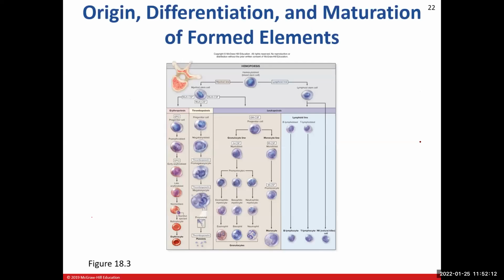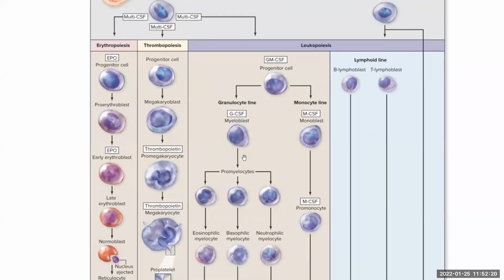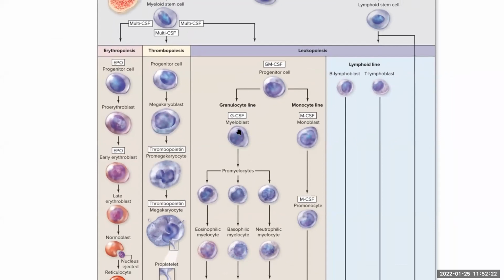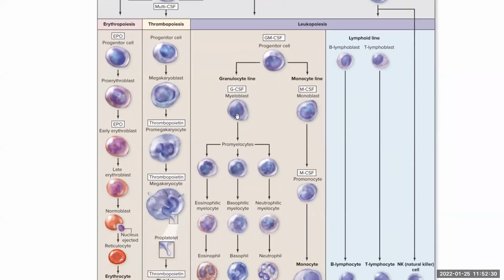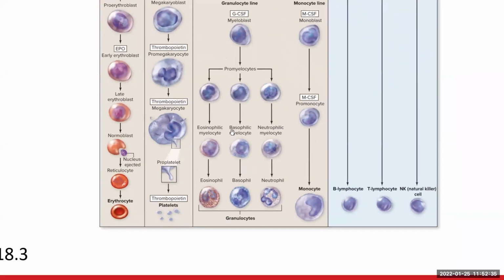You can see right here in our drawing our granulocyte cell line, and then we have our monocyte cell line. For the granulocyte line, different colony stimulating factors will be produced that guide the formation of our white blood cell into a specific type of granulocyte, be it an eosinophil, a basophil, or a neutrophil.